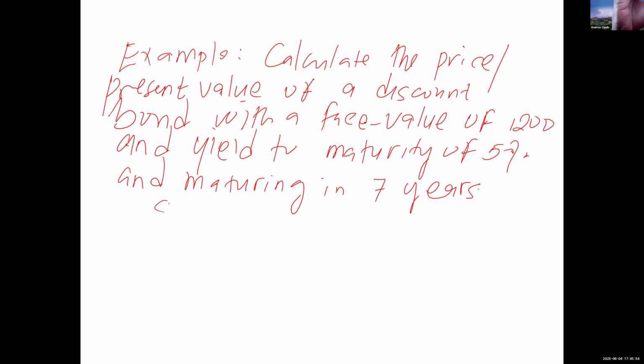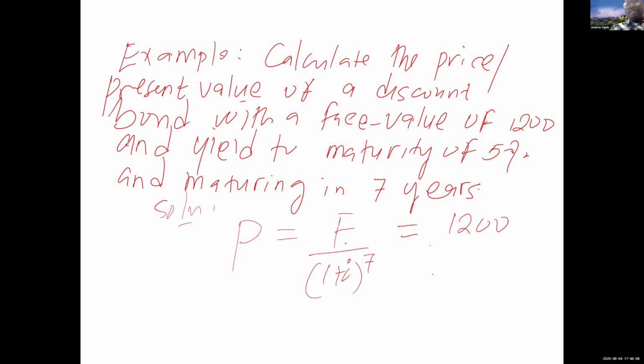So here, the solution. The present value is F over 1 plus I, and because this bond matures in 7 years, it's raised to the power 7. The face value is 1,200 divided by 1 plus the interest rate of 5%, which is 0.05 in decimal, raised to the power 7.